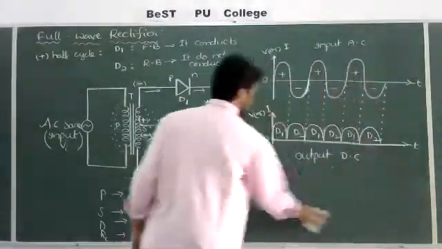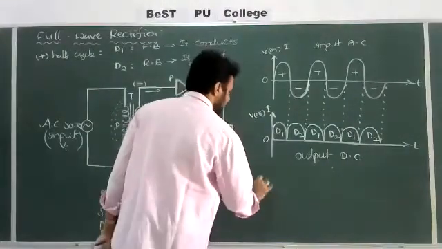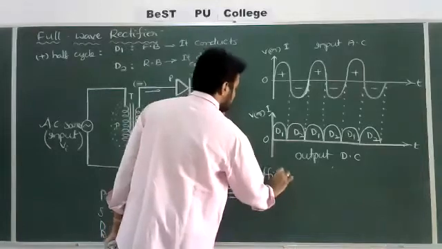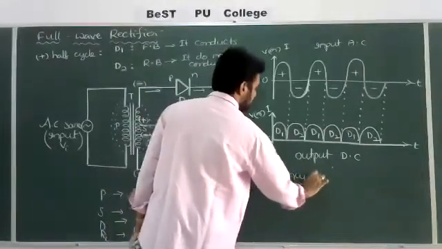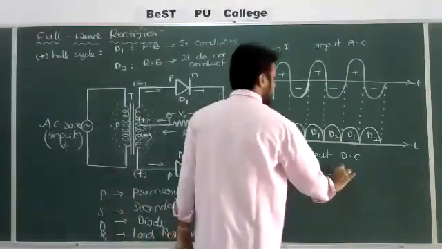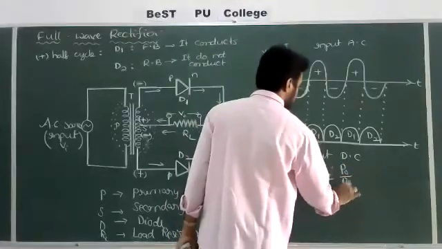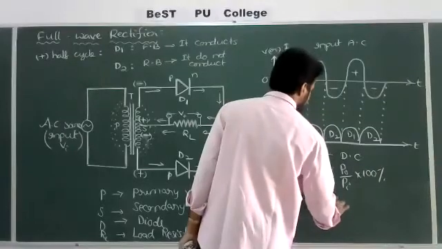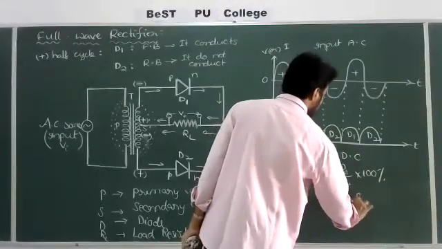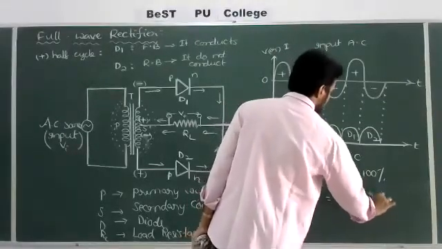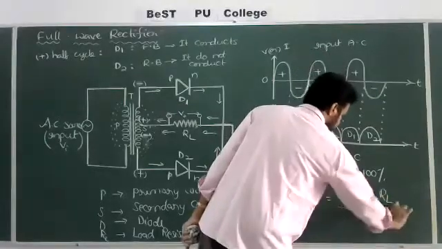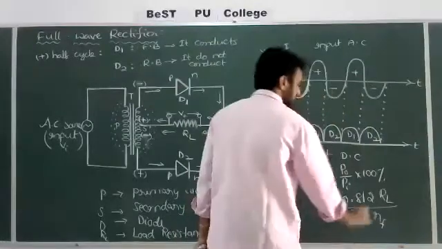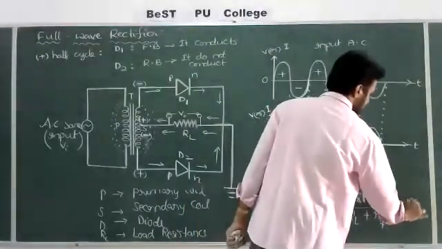And what about the efficiency of the rectifier formula? Here also we will write the efficiency of the rectifier formula, eta. Efficiency of the rectifier is equal to, as already given, output power by input power into 100%. On simplification, you get this value: 0.812 into load resistance RL by RL plus RF into 100%.